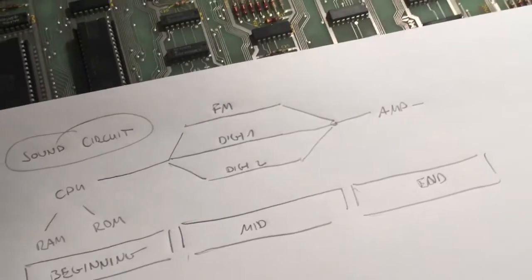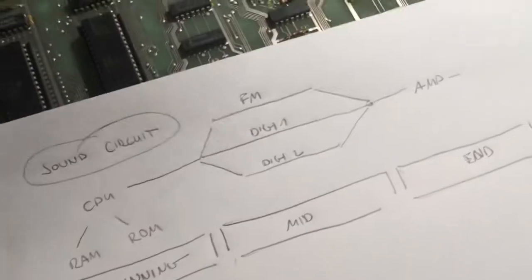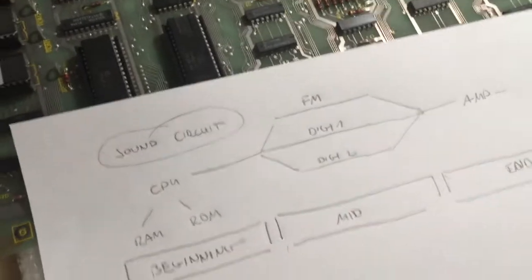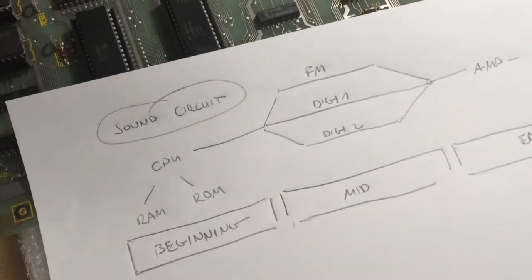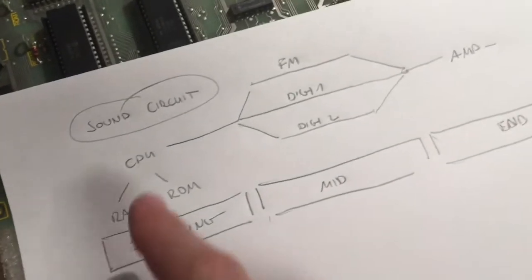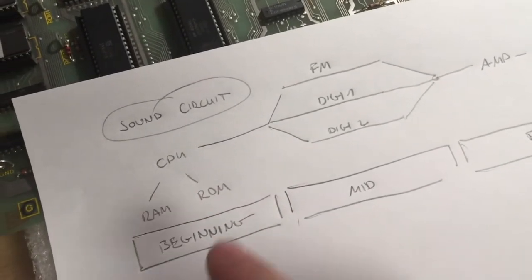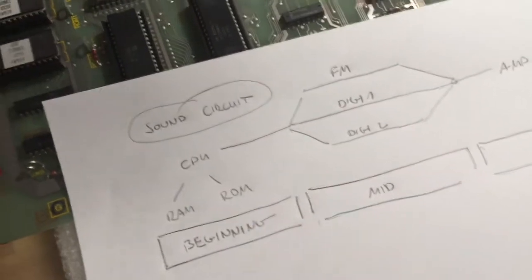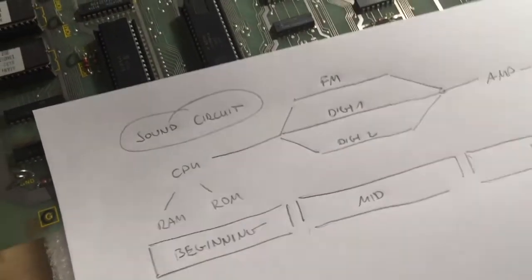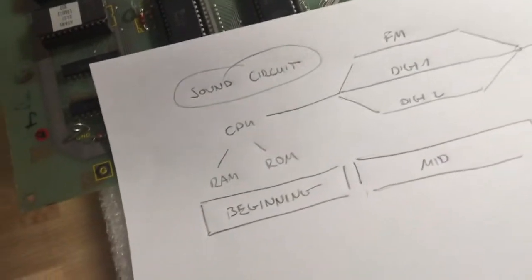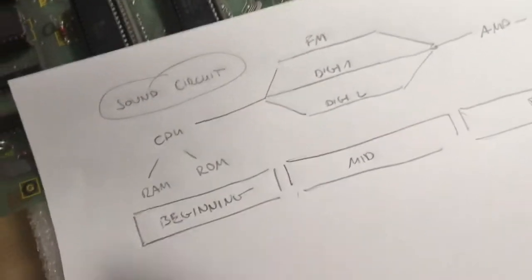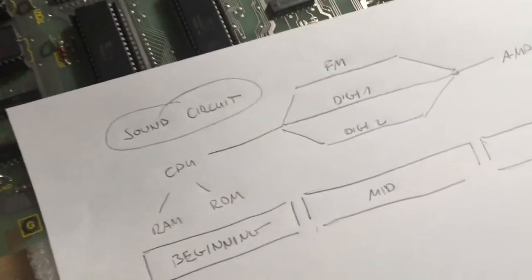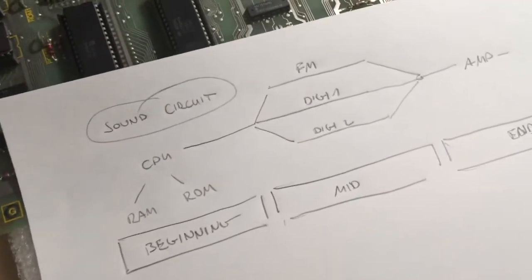So that is one possibility, but that's not the only one, because the problem can also be at the very beginning. And at the very beginning of the sound circuit would be something like the sound CPU and the sound CPU's RAMs, or the sound CPU's ROMs, and also the little 74 LS chips that are in between them, the glue, so to speak. That would be the beginning of the sound circuit.